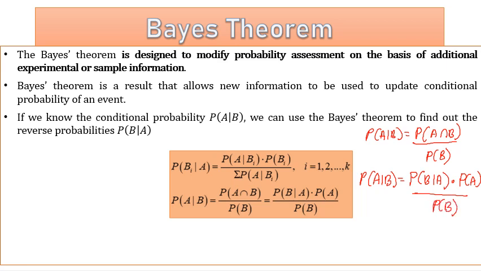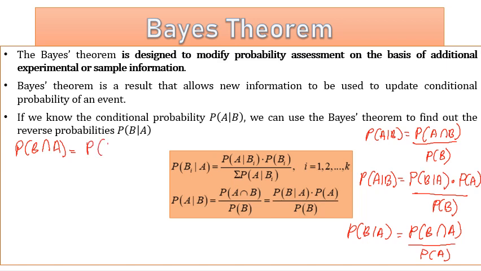From the formula, P(B given A) equals P(B and A) over P(A). From Bayes' theorem, P(B and A) equals P(A and B).